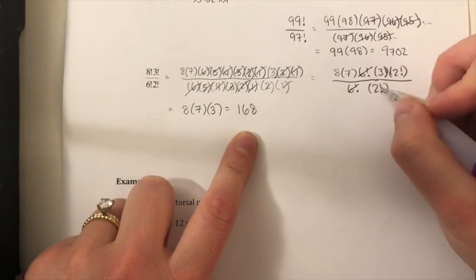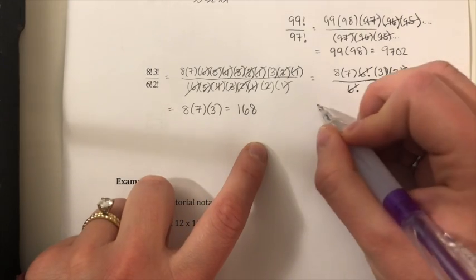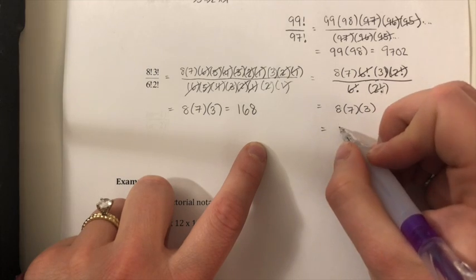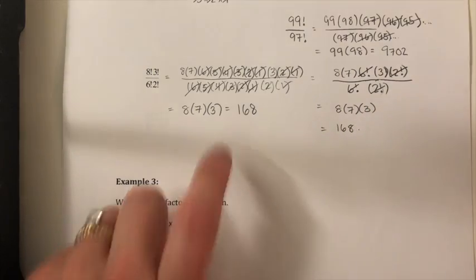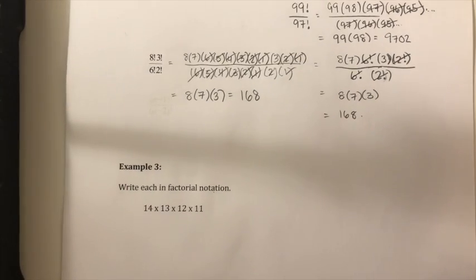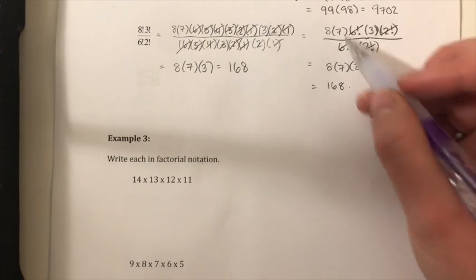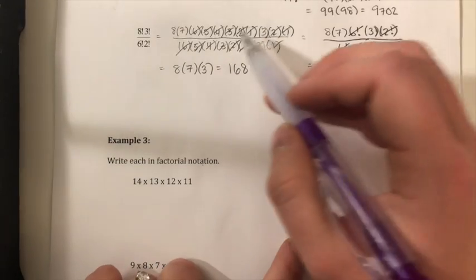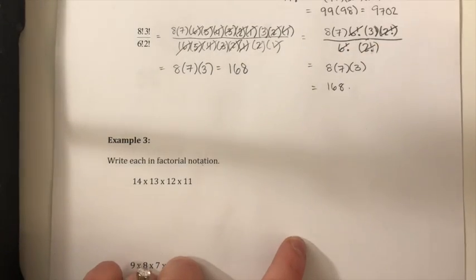The 6 factorials and the 2 factorials would have canceled, and left us with that same thing, so 168. Either way, whichever one makes more sense to you. This one generally is going to work better for higher numbers, because to write all the digits out, if I give you like 13 or 20 factorial, that would be a pain.